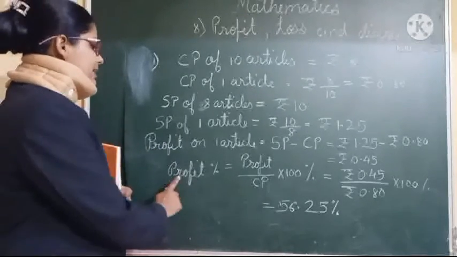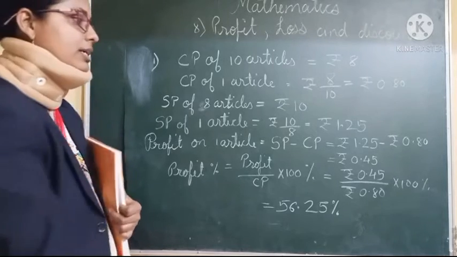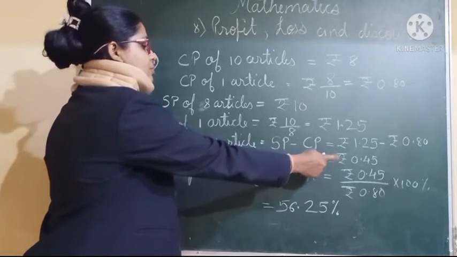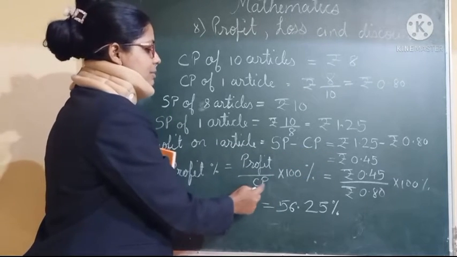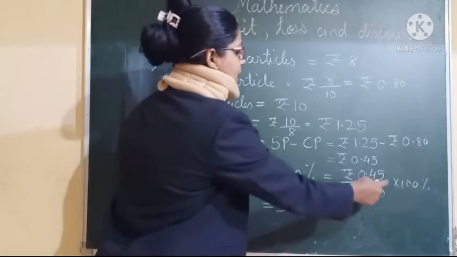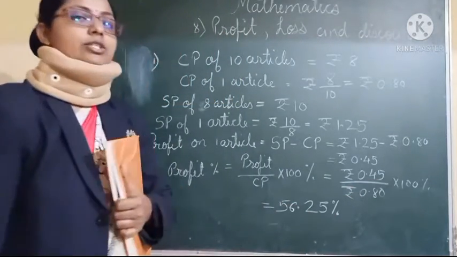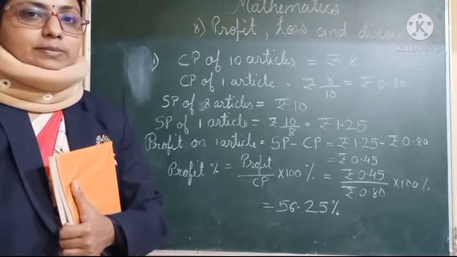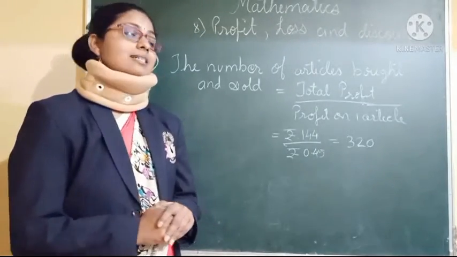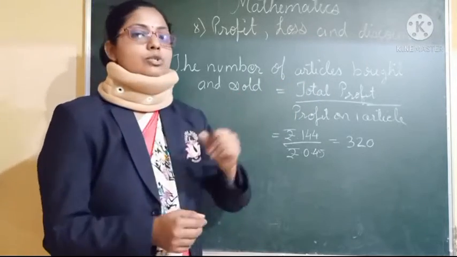Now the next is profit percent, meaning gain percent. We already got the profit, so profit upon cost price multiplied by 100%. We put in the values and divide, and you will get the answer 56.25%.